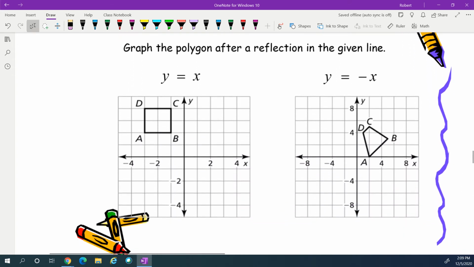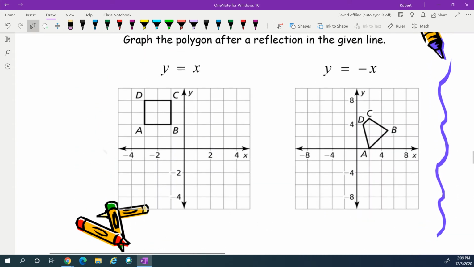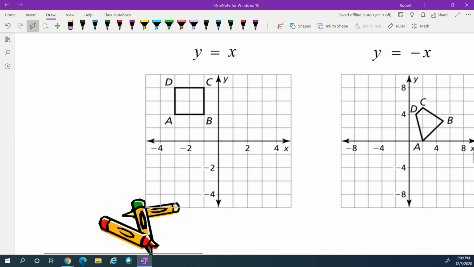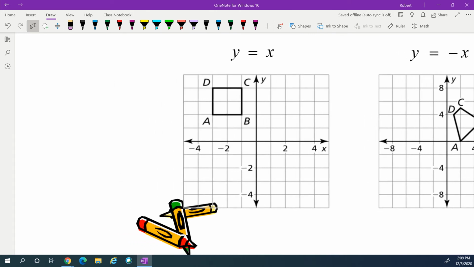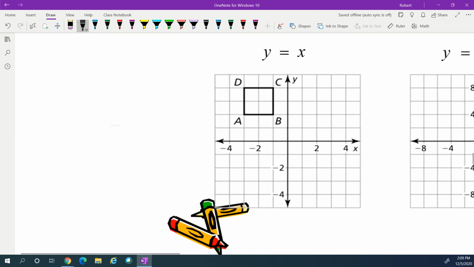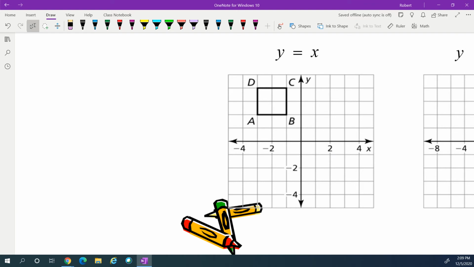Let's do another one. We have our original. So I'm going to just give myself a little room over here. I'm going to write down all these ordered pairs. So A is at -3, 2.